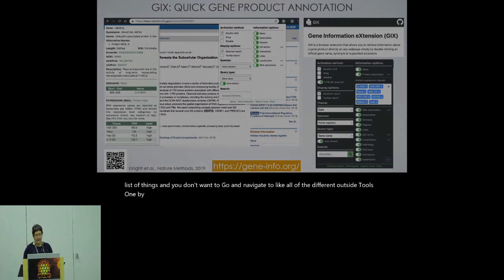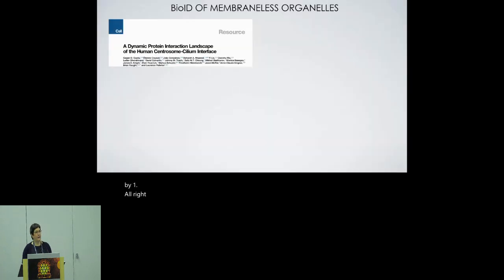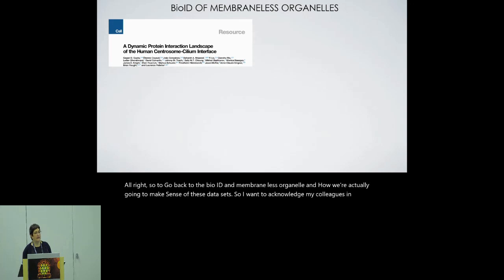All right. So to go back to BioID and membraneless organelles, and how we're actually going to make sense of these data sets. I want to acknowledge my colleagues in Toronto, Brian Raught and Laurence Pelletier, who did that to some extent before us. Essentially, they used BioID with multiple baits to try to define the composition of the centrosome-cilia interface.